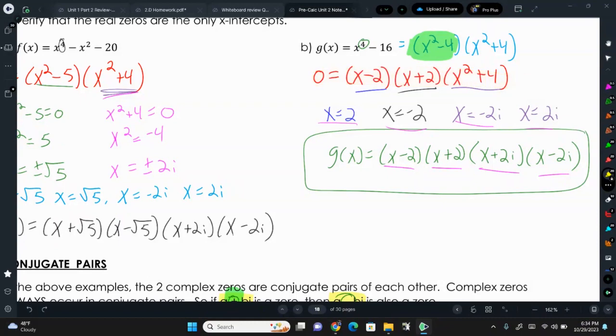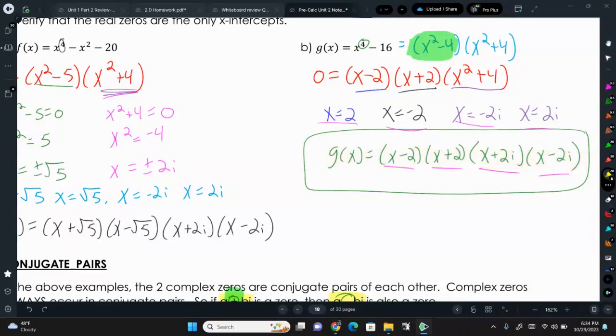And then we wrote it in completely factored form right here. And that completely factored form has all linear factors with either real, irrational, or complex zeros. We had 2 real and 2 complex zeros for that one. So that would be in completely factored form.